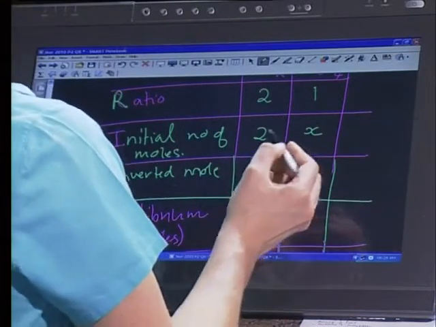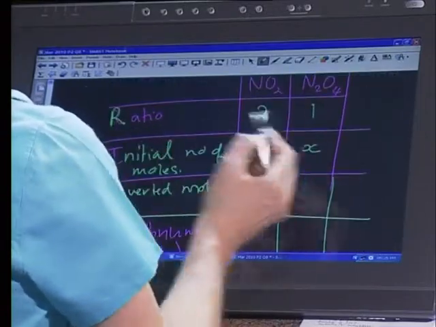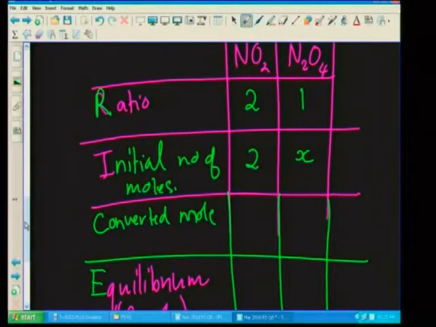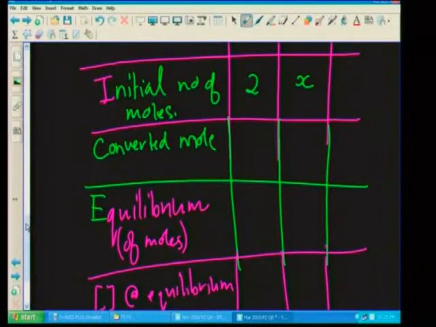We see that we've now got the 2 over here, the 1. The initial number of moles was 2, and they want to know from us what was used. Now, if we look, we had 2 moles initially, and they tell us that our N2O4 increases by 0.6.